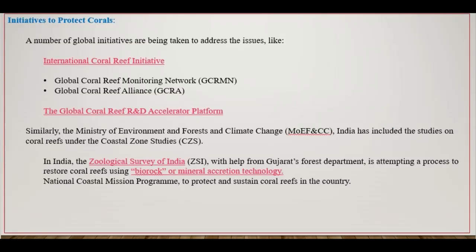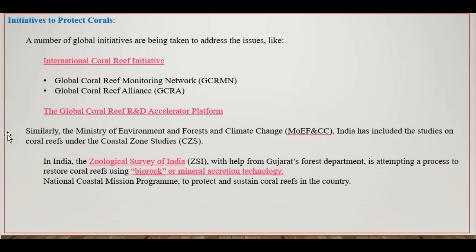Initiatives to protect the corals are the Global Coral Reef Monitoring Network and Global Coral Reef Alliance. And Global Coral Reef R&D has been developed so that they take the initiative to protect the coral reef. And the Ministry of Environment and Forest and Climate Change has also taken initiatives to study how to protect and preserve the coastal zones and coral reef.